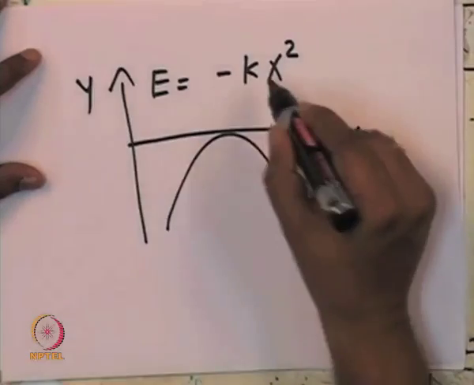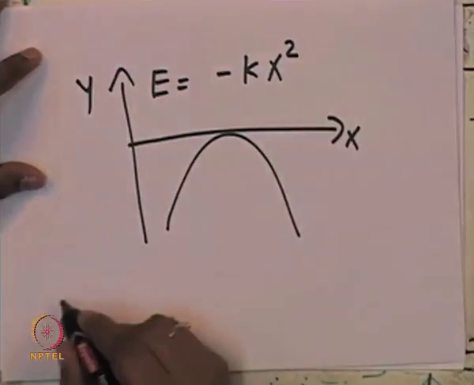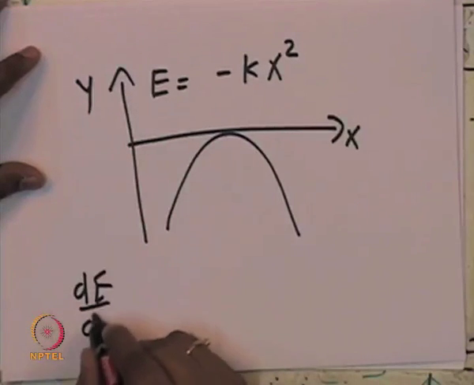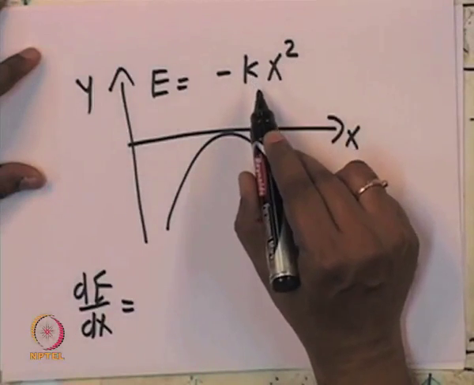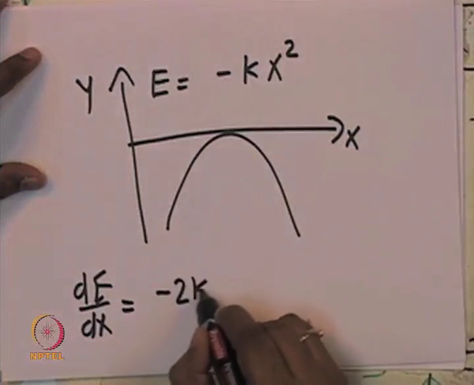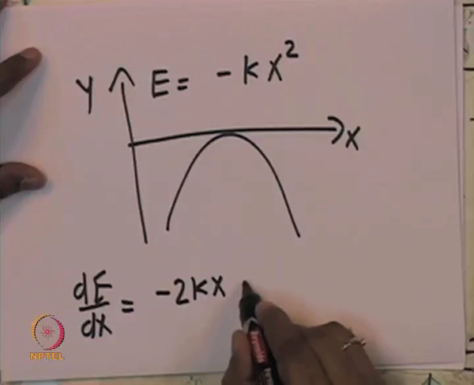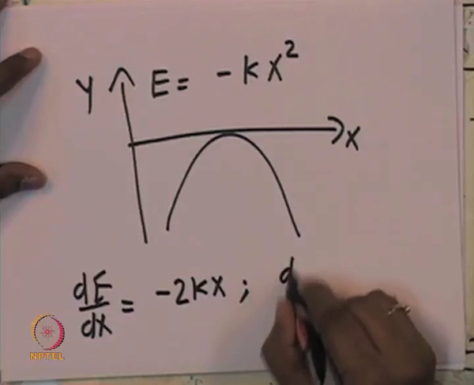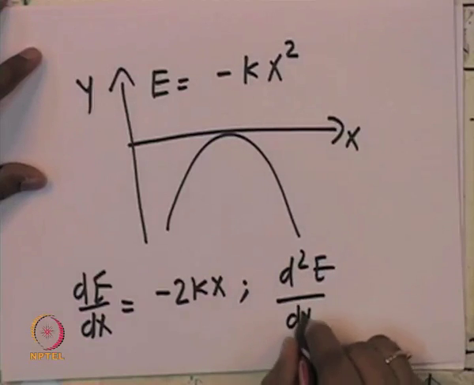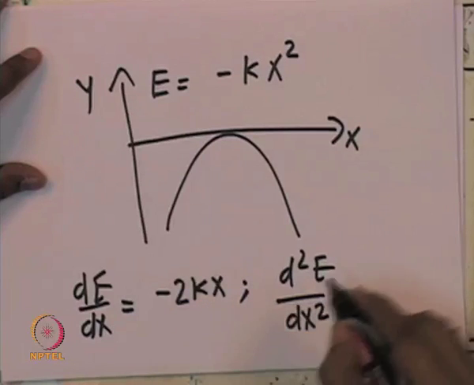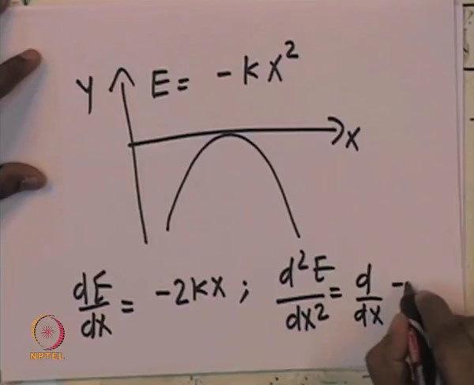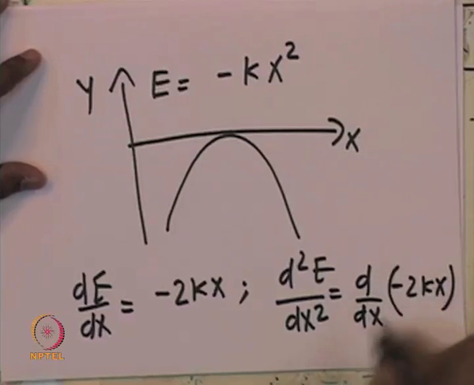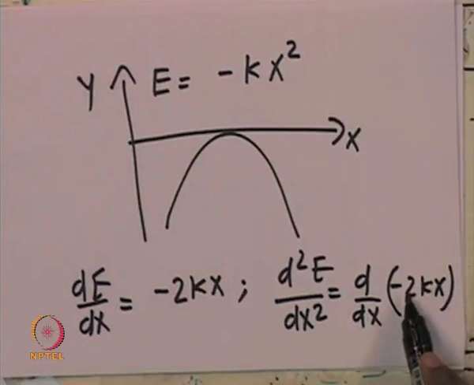If you find the second derivative of this, let us find the first derivative dE by dx first. The first derivative of k x square is 2 times k into x. So, this is minus 2 k x, this is the first derivative. The second derivative d square E by dx square is d by dx of minus 2 k x. k is a constant, 2 is a constant, so we can take them out.